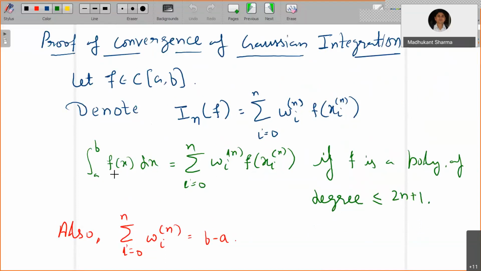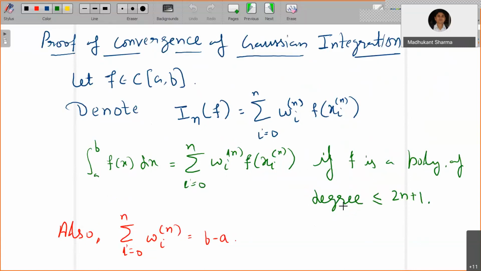Now note that this integral formula of f of x dx is exact for polynomials of degree less than or equal to 2n plus 1 when you consider Gauss n plus 1 points. So the summation i equals 0 to n is going to be exact, so this equals In of f. It is exact for all polynomials of degree less than or equal to 2n plus 1. Therefore, it is also exact for f of x a constant polynomial.